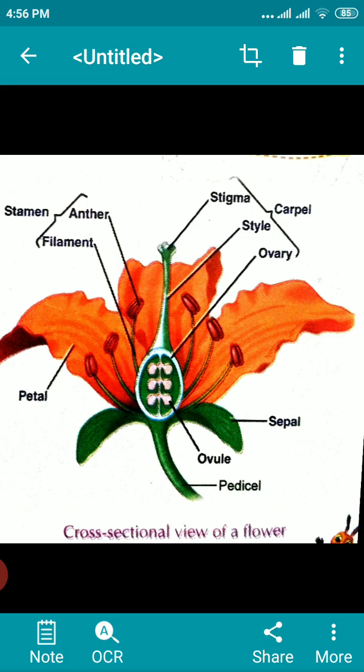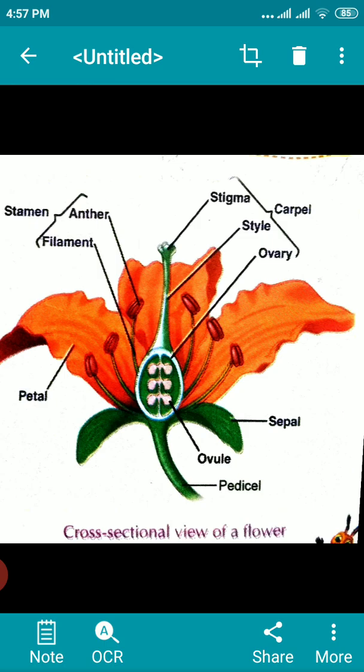The sac-like top structure of the stamen is called the anther, and the long stick-like structure on which the anthers rest is called the filament. What is the function of the anther? They produce pollen grains because it is the male reproductive organ of the flower.